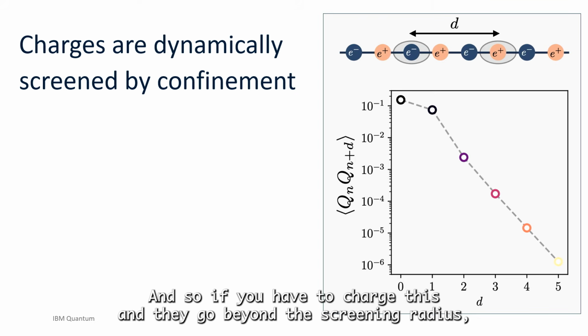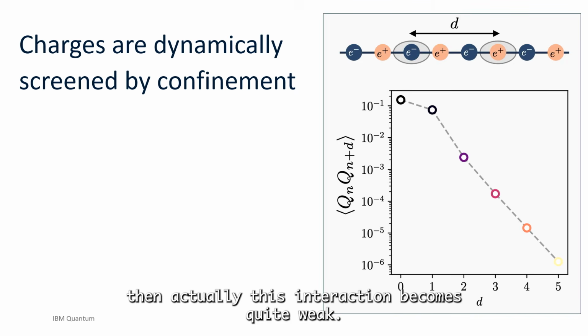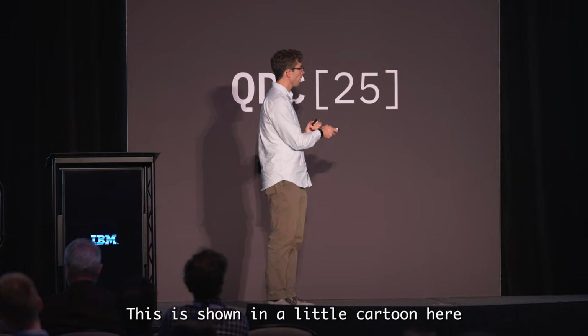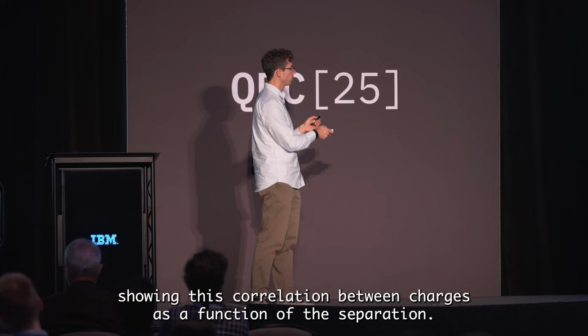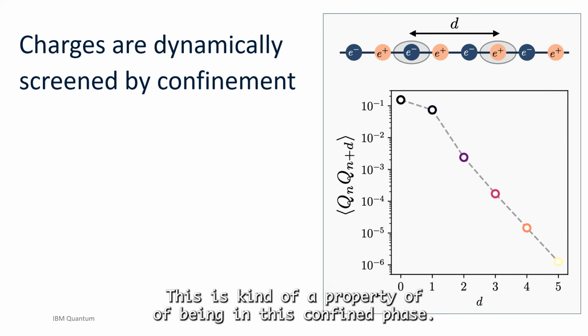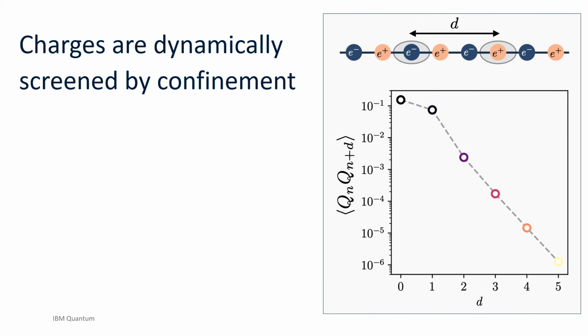And so if you have two charges and they go beyond the screening radius, then actually this interaction becomes quite weak. This is shown in a little cartoon here, showing these correlations between charges as a function of their separation. And you can see there's this nice exponential decay. This is a property of being in this confined phase.